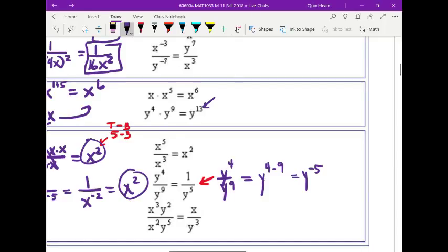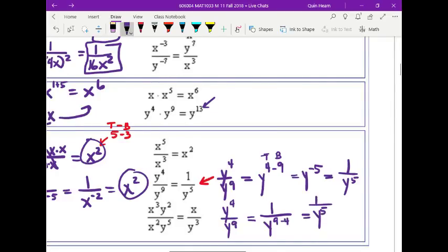But then since that's a negative, you have to flip it back down to the bottom. So top minus bottom is a little bit longer than if we had gone the other way. If we did bottom minus top and leave it in the bottom, we have 1 over y to the 9 minus 4, which would be 1 over y to the 5th.